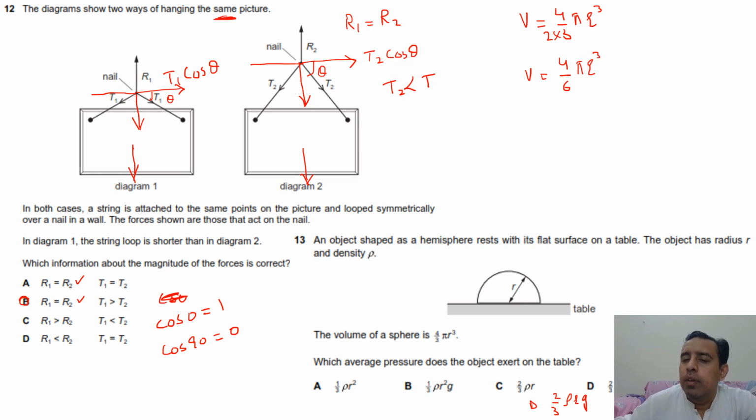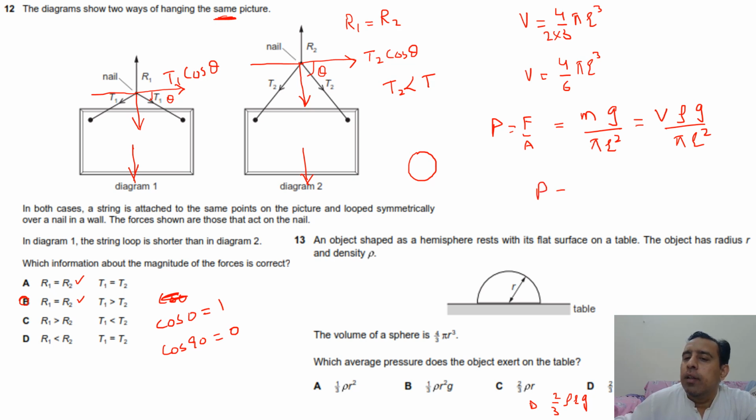So the formula for the pressure is F over A. This is the area which is in contact here. If we see from the bottom of this hemisphere, the area must be like this one, which is equal to pi r square. Anyhow, this force is mg and area is pi r square. You know that this mass is volume into density over pi r square.